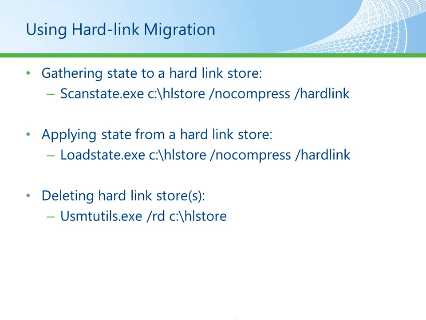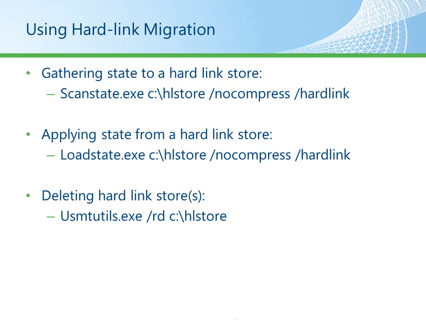Once I've then installed my operating system, the next command is to do the loadstate, to bring that hard link data back in. So loadstate.exe, I've got to point again to my hard link store, in this case C:\HL store. And again, I've got to use the /nocompress switch and the /hardlink switch. And then finally at the bottom there, deleting the hard link store. Obviously the hard link store gets locked, so you wouldn't be able to delete it normally.